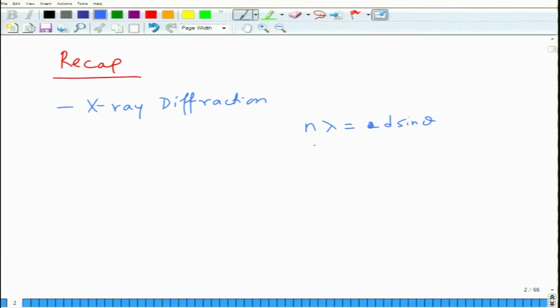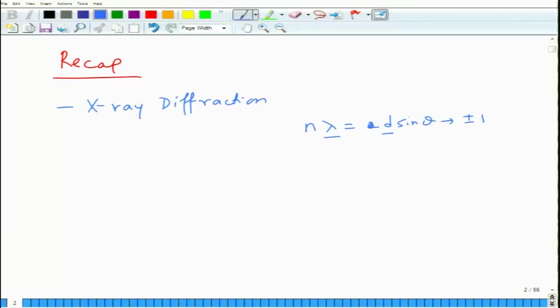The condition nλ = 2d sin θ, or d sin θ in Young's experiment, tells you that λ and d should be comparable, because sin θ cannot be more than plus or minus 1. So to get diffraction effects from crystals, you need radiation whose wavelength is comparable to the lattice spacing, and that is where X-rays were useful after they were discovered.